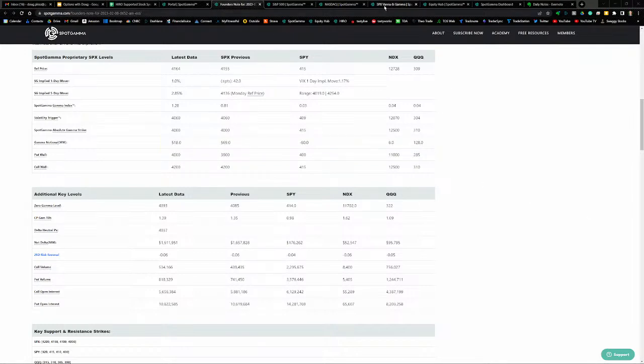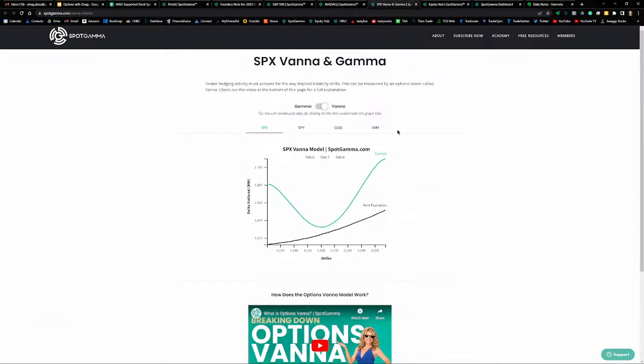So at the start of the day today, that is how market makers were positioned on the gamma curve. And this is illustrated here with these Vanna charts, Vanna models. So this is SPX, and remember that gamma notional for SPX was positive, and this is showing how market makers' delta notional, shown on the vertical axis, changes with price, that's shown on the horizontal axis, as well as with changes in implied volatility, and that's shown by the green line.